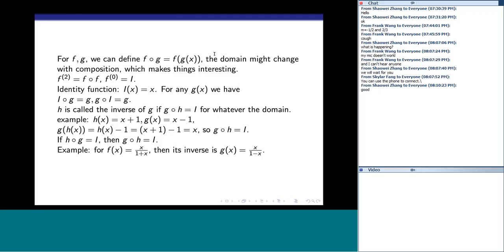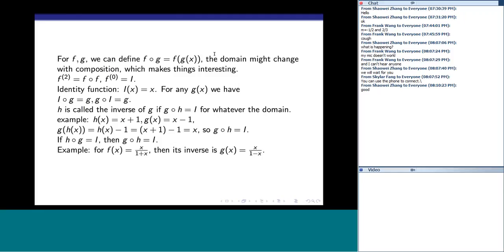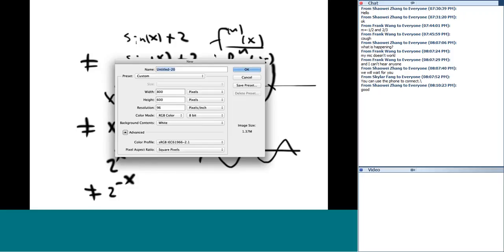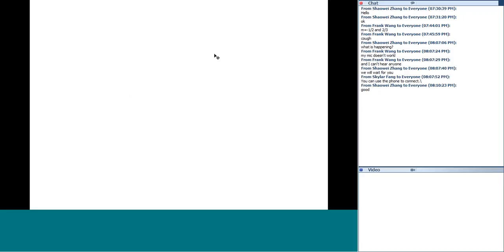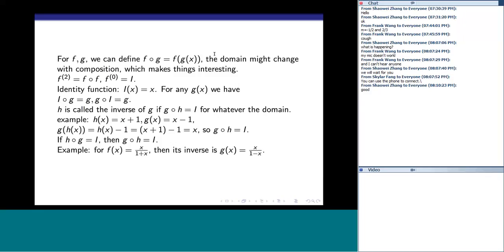Okay, so this example: find its inverse. How do you do it? Just using brute force. It's in the book, example 7-2.